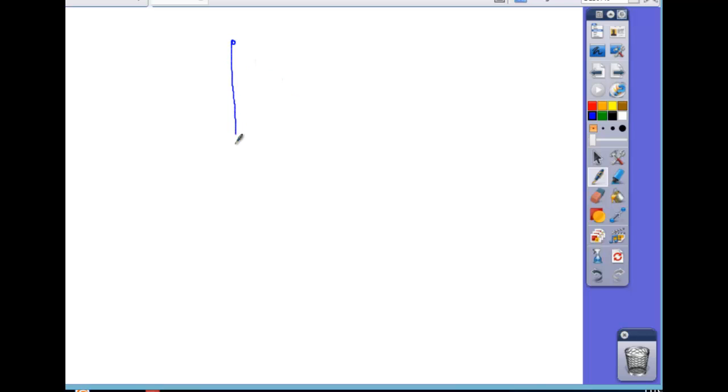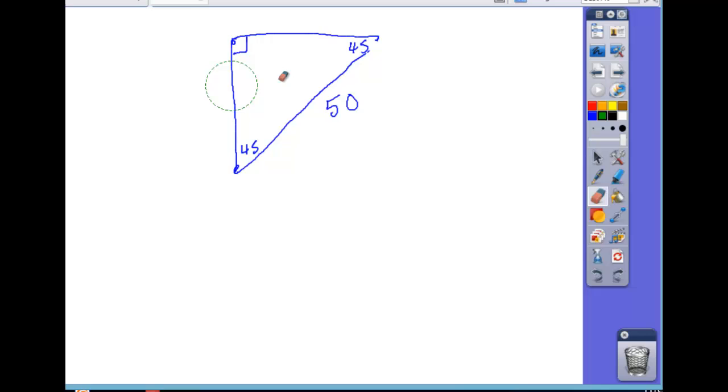Okay, so suppose I have an isosceles right triangle, and I know, let's say, the length of the hypotenuse, let's say it's 50, and I want to know one of the legs, one of the other sides. Well, I know they're the same length, right? So this is a little bit different situation.